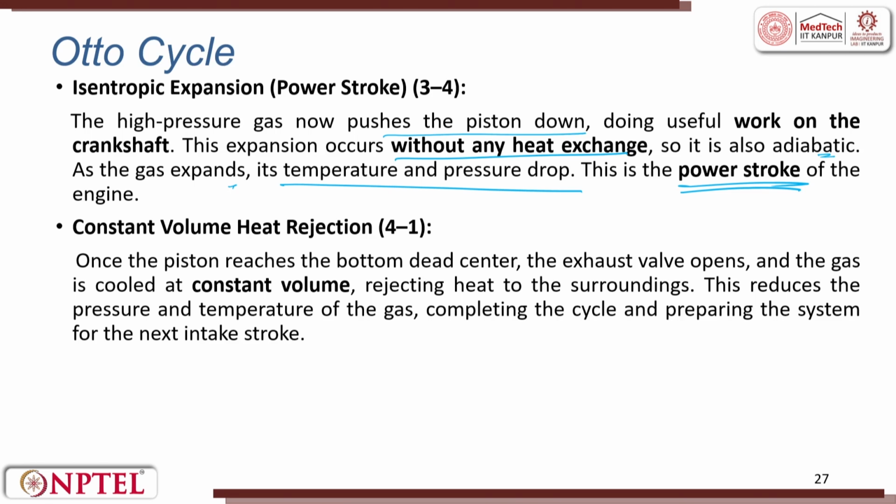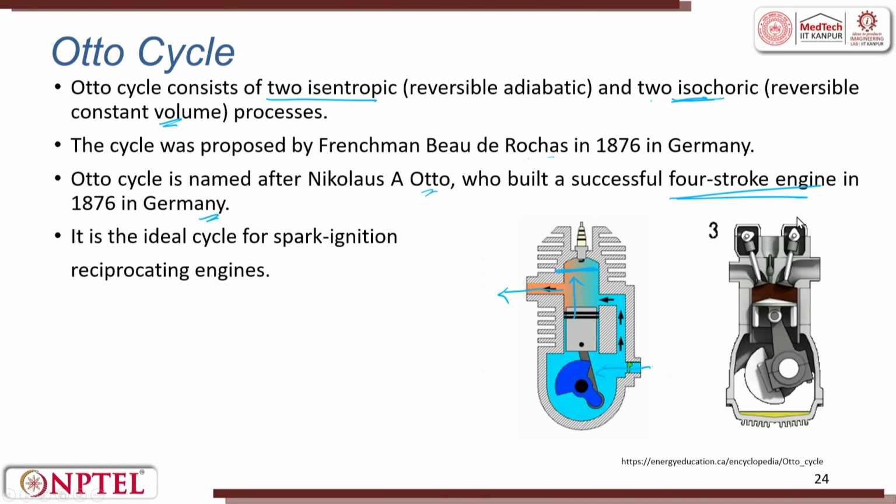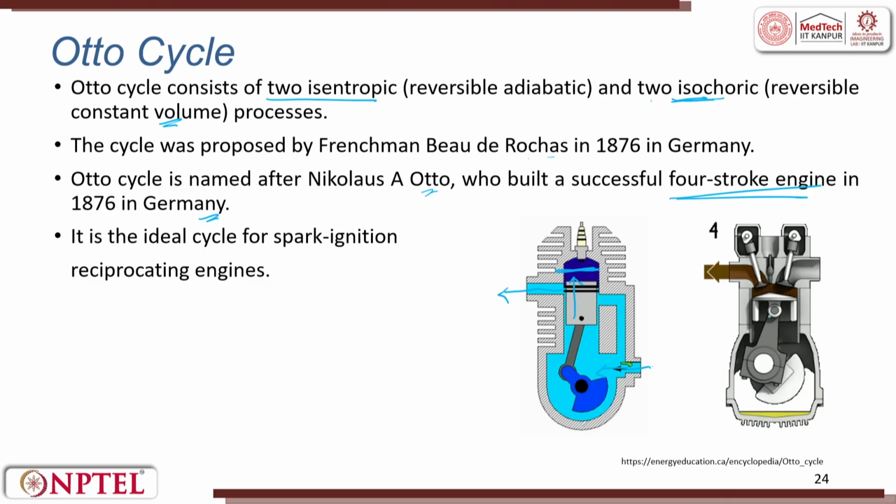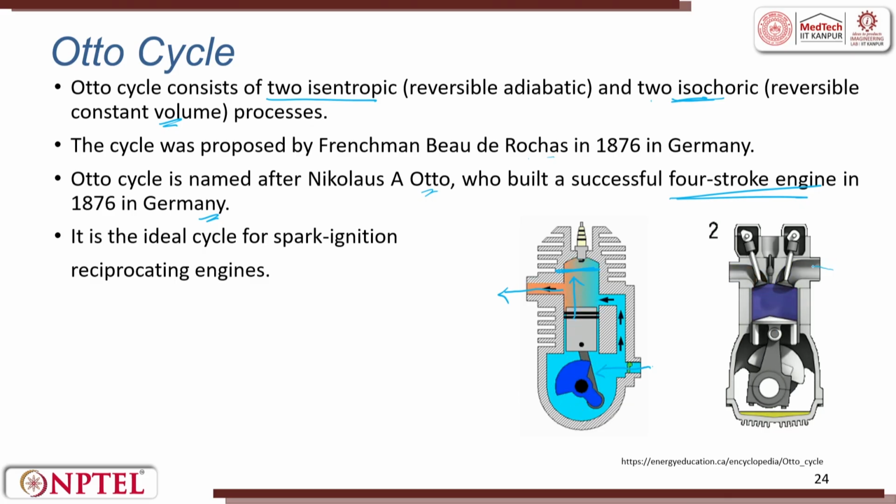Once the piston reaches the bottom dead center, the exhaust valve opens and the gas is cooled at constant volume. You see the inlet coming in, compression, ignition happening, and then this valve opening.